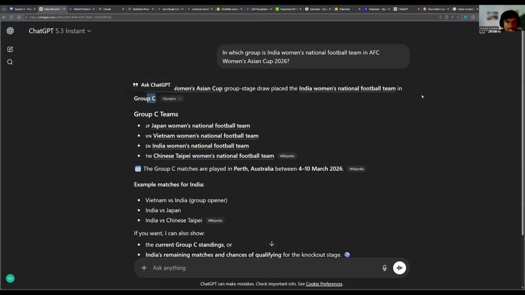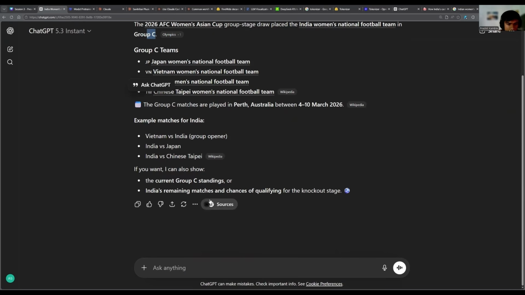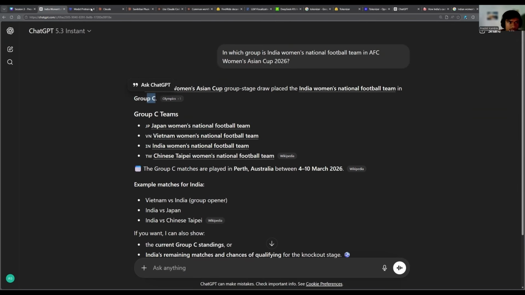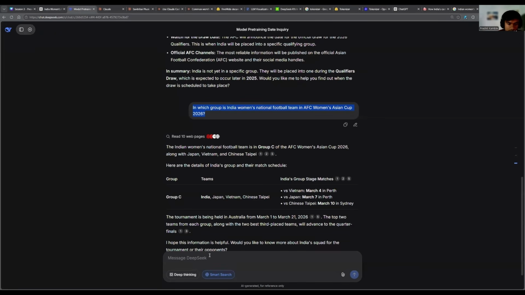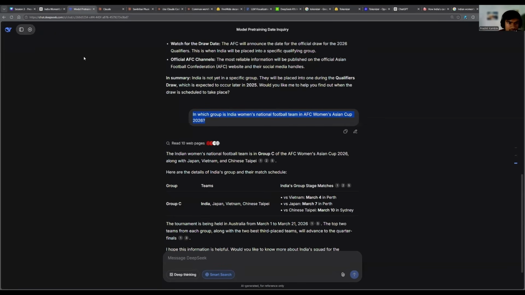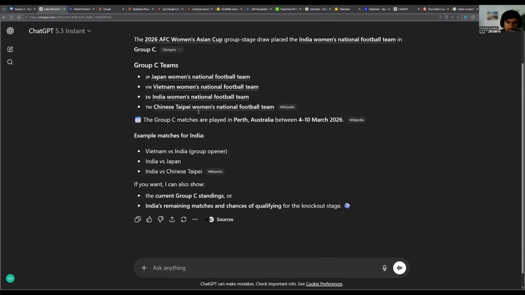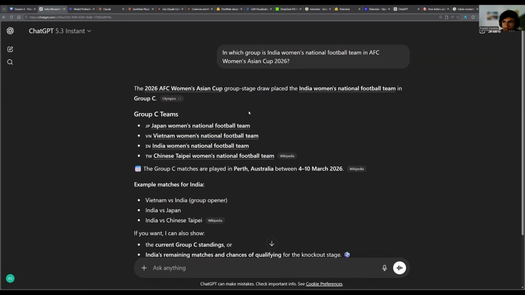So basically, what ChatGPT did, I want to check that out again, is that here you could see sources. So basically, ChatGPT directly used this smart search functionality inside of it. And that is how it gave us an answer based on the current ongoing phenomena.